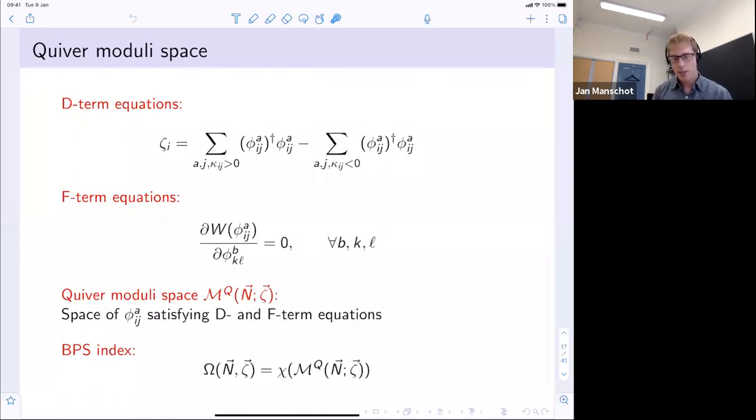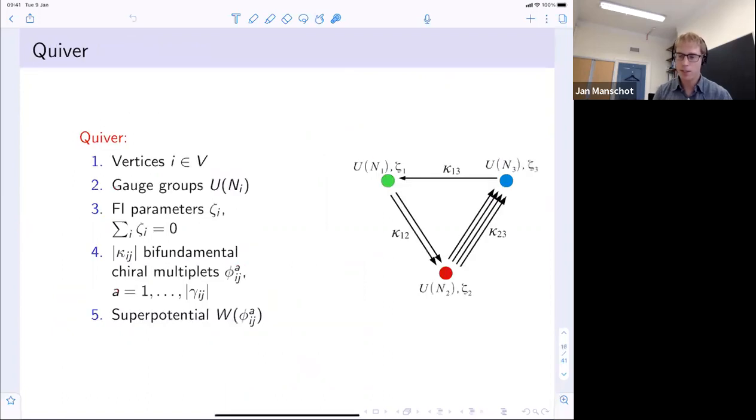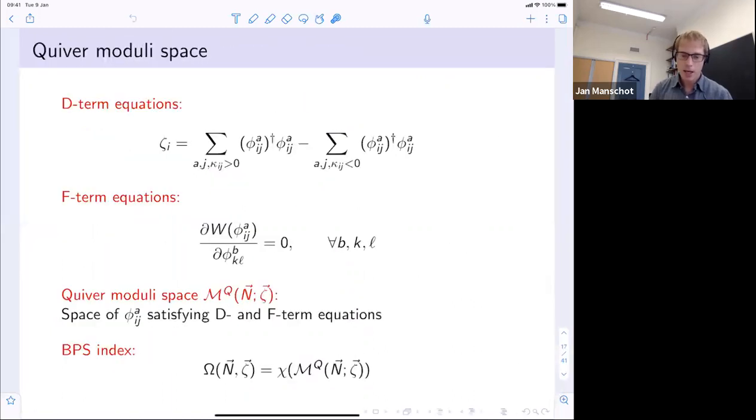Okay, so then the quiver moduli space, I'll distinguish it from the earlier moduli space by a superscript Q. It's then a function of the dimension vector n, in this case n1, n2, and n3, and the vector of the stability parameters zeta, and we need to satisfy all these equations. Then we say that the BPS index associated to this quiver is essentially the Euler number of this moduli space, and there's a formal theory behind it, which was nicely discussed by Pierre Bousseau in terms of DT theory.